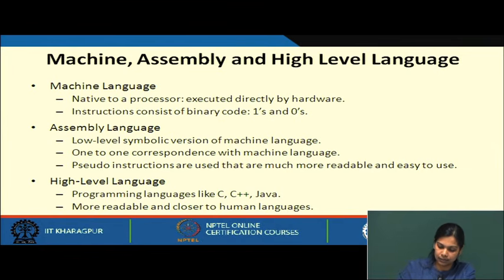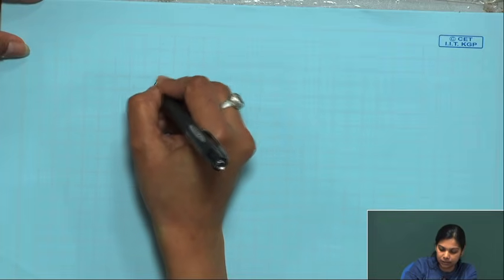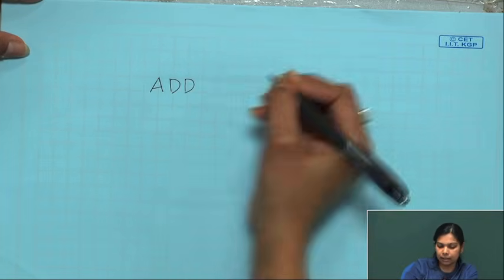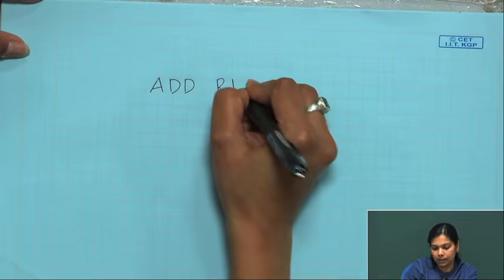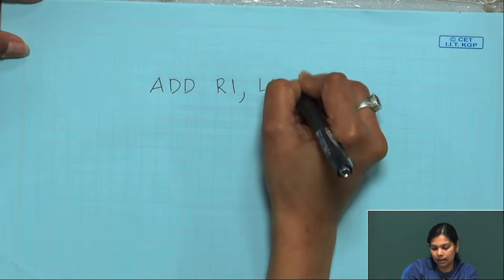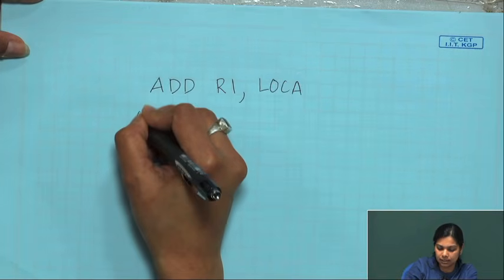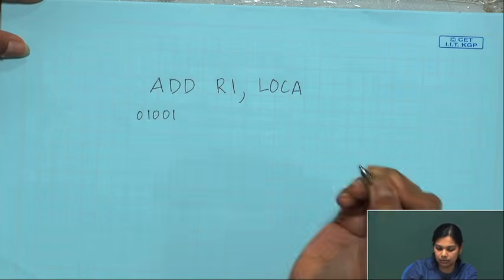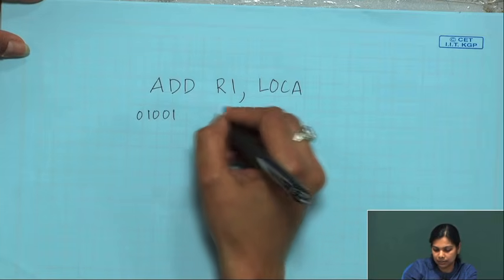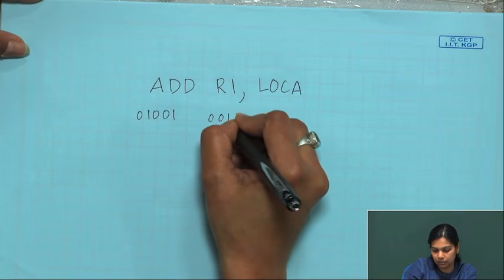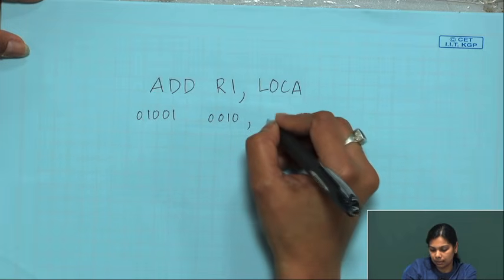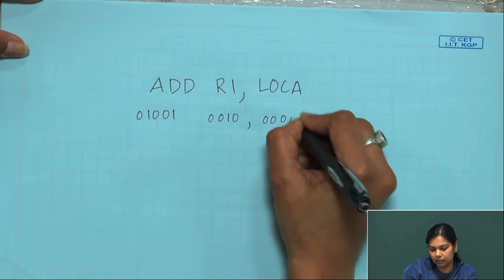Let us say this is my instruction. Again, I take the same example, R1 comma LOC A, and as I said, this can be 1001, 5-bit, this can be a 4-bit number, and this can be, let us say, a 12-bit number.